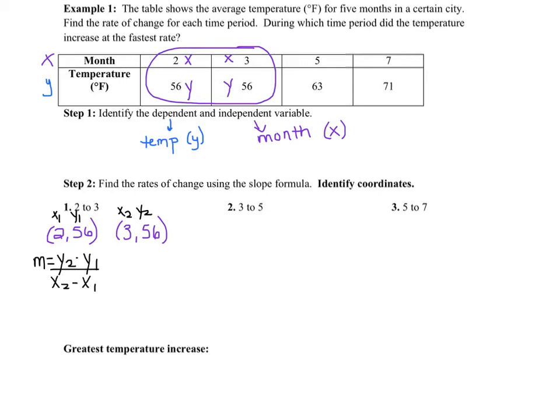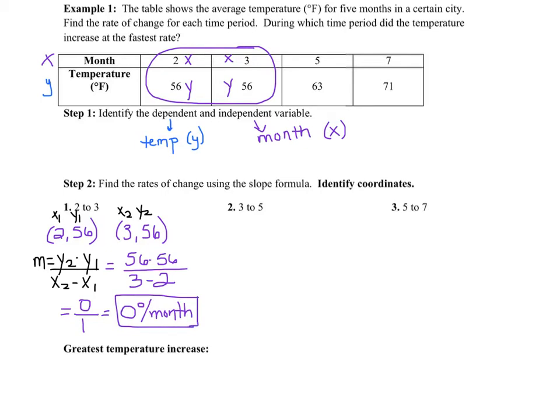So our y2 is 56 minus our y1 is 56, over our x2 is 3 minus our x1 is 2. 56 minus 56 is 0, and 3 minus 2 is 1. 0 divided by any number is 0. Therefore, the rate of change is 0 degrees a month from month 2 to 3.